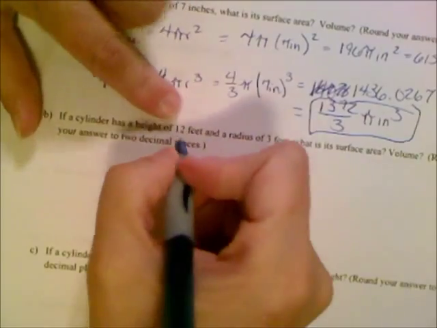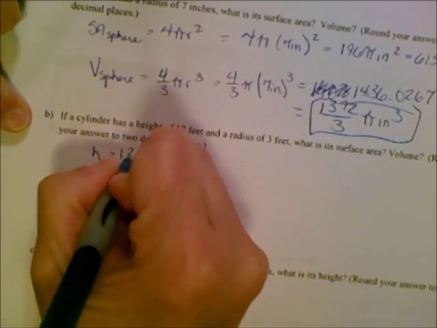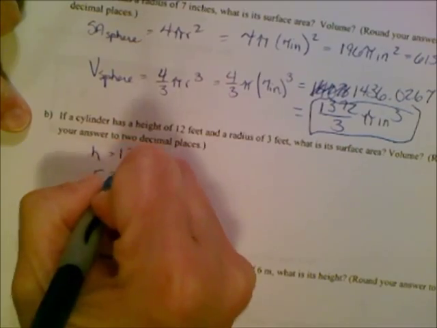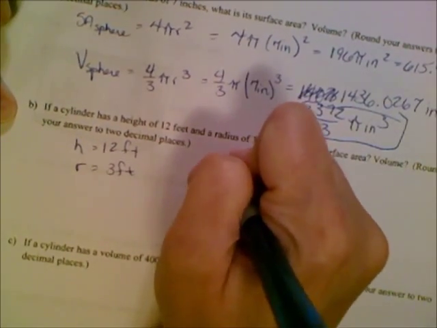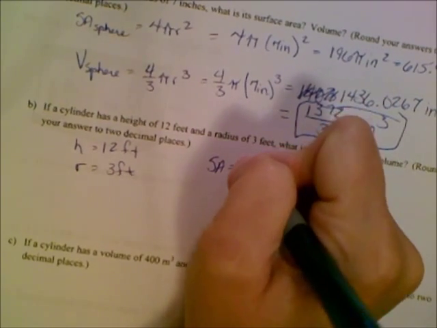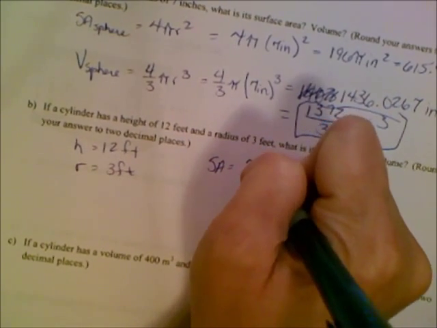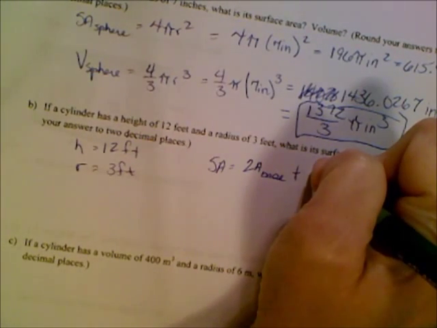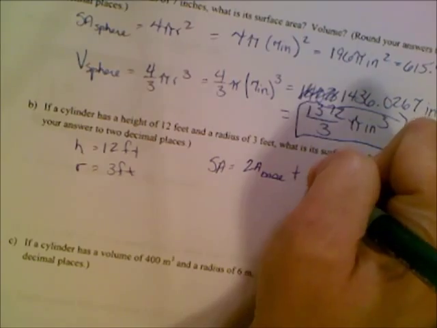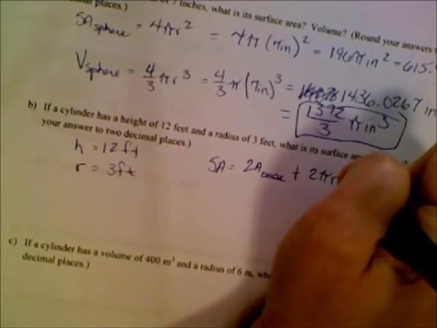If a cylinder has a height of 12 feet and a radius of 3 feet, what is its surface area? The surface area of a cylinder is 2 times the area of the base plus 2 pi r h, because that's the rectangle that you unroll. So your 2 pi r is your length, h is your width.